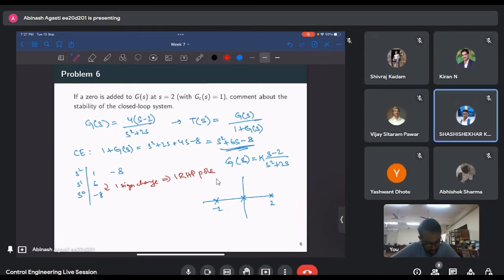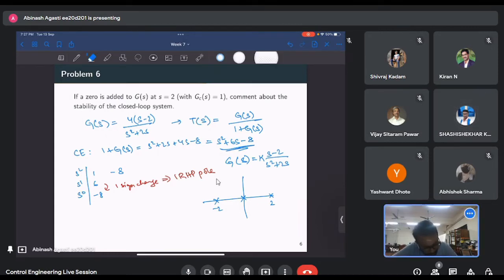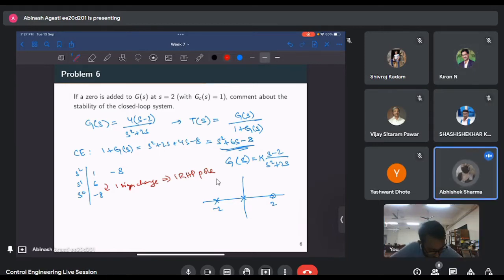Add the plus 2, there will be 0, sir. So how should the root locus look like? One pole goes to 0, sir, and another pole goes to infinity. Yeah.